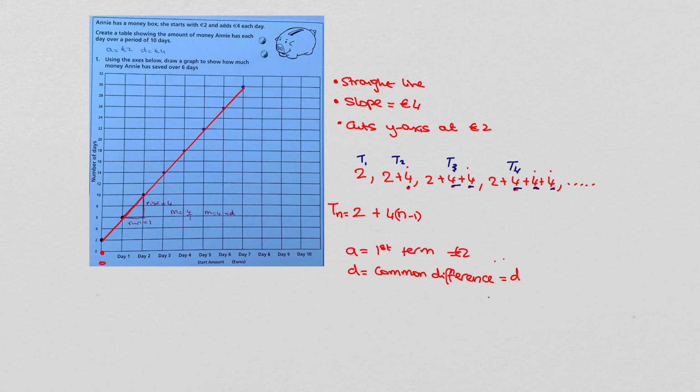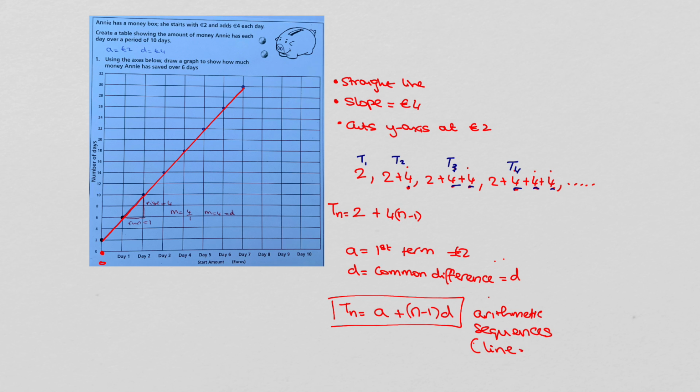And we call that D. So therefore, I can actually say that the nth term can be found by saying A plus n minus 1 times D. And this is for what we call arithmetic sequences, or as you can see from the graph, linear. So this rule will only apply for arithmetic sequences, which is what we're going to focus on today.